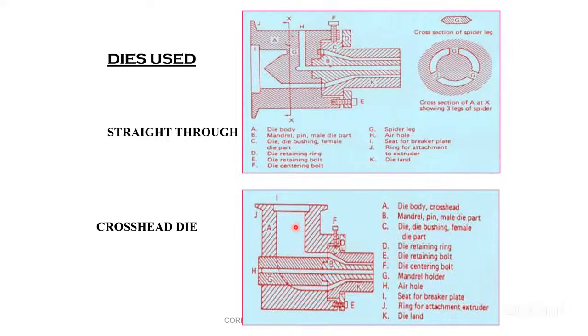But this die is not used for the pipe purpose. This die is used for another purpose, that is called wire and cable. This is a wire and cable die. This is a pipe die, friend. The material is coming through this die body. The barrel is here, the breaker plate is there, half part of the breaker plate is with the barrel, and the material gets sprayed here, over here, and here.